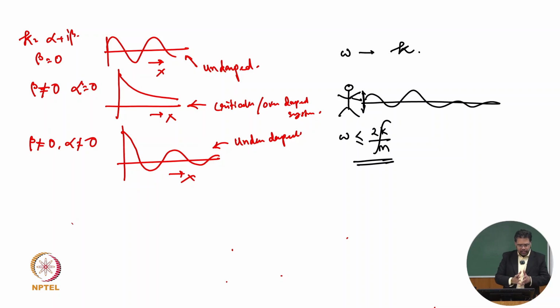That means if we have that gym rope and we excite it slowly, omega is low, and the wave will propagate.